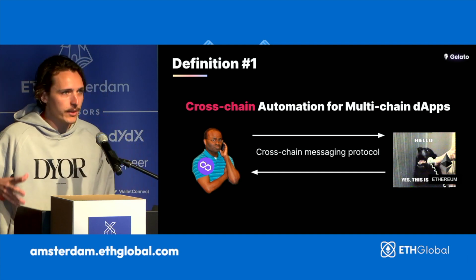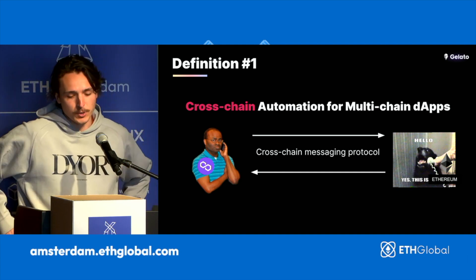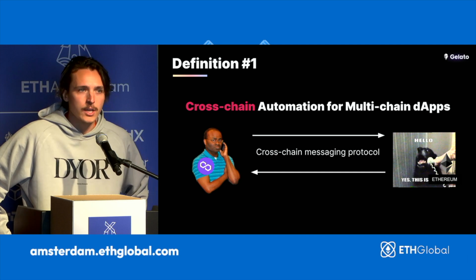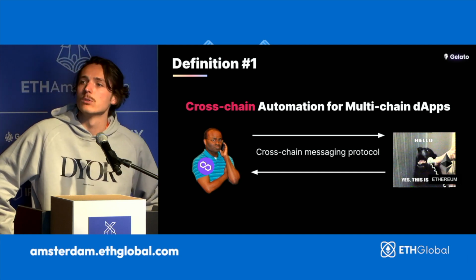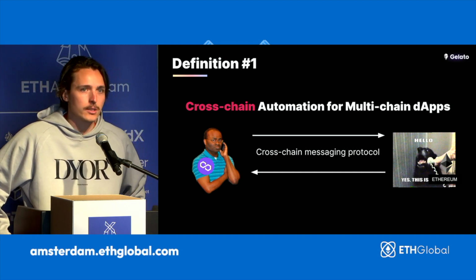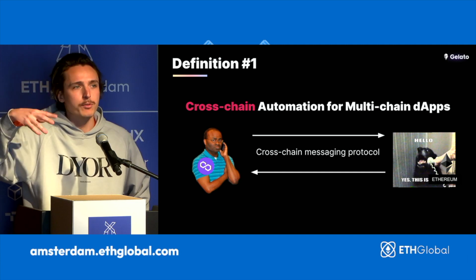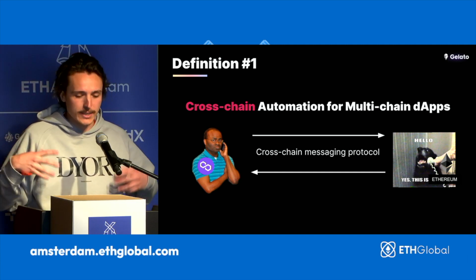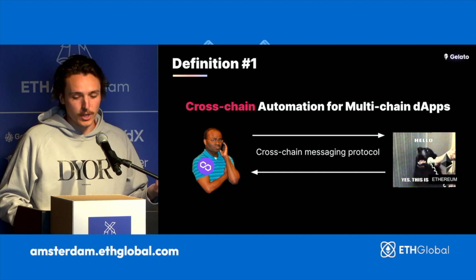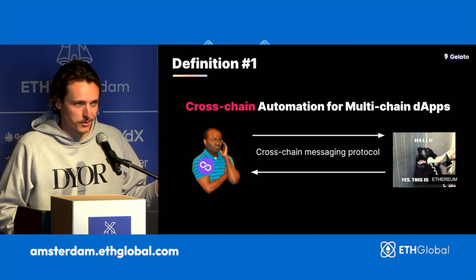There are a bunch of different cross-chain messaging protocols you can use. Some examples include Nomad, and there's LayerZero. I think Multichain just released theirs a couple of days ago. There are a couple of different protocols you can use to let applications from different networks communicate with each other. That's the cross-chain part.